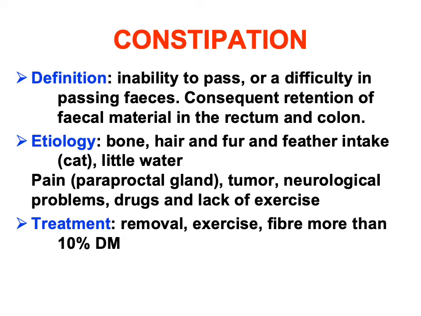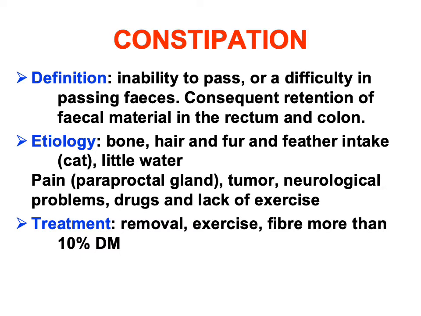A very frequent etiology is if the animal is eating too much bone or hair and fur or feather intake in case of cat as a prey animal, mice or sparrow. But too much bone, more than 16 gram per body weight, may cause constipation itself, or an inflammation of the paraproctal gland close to the anus may cause pain during defecation, and it will prevent the animal from trying it.